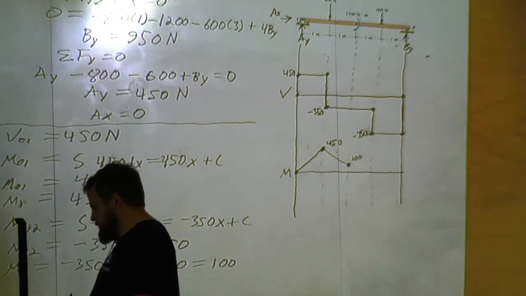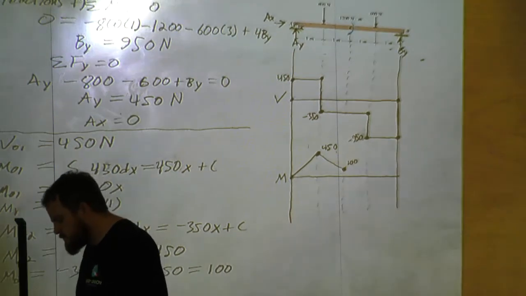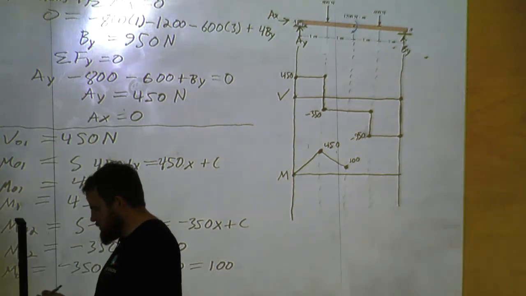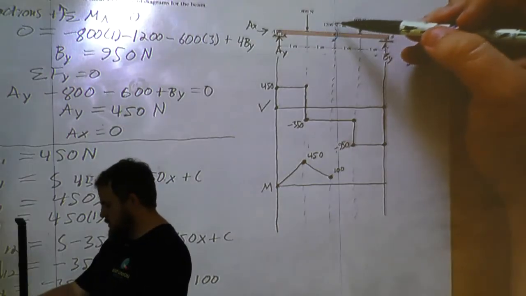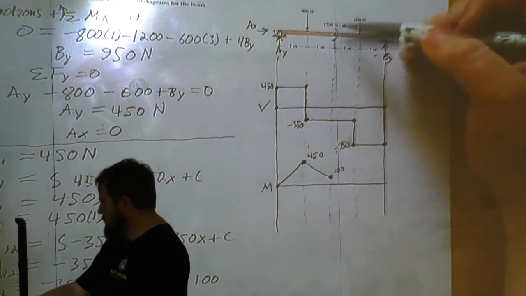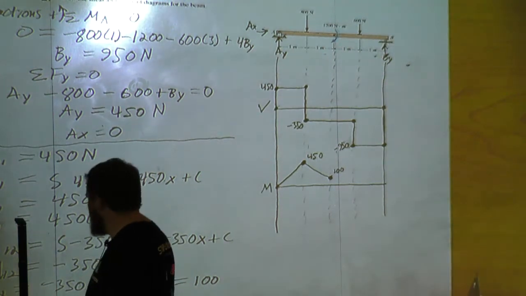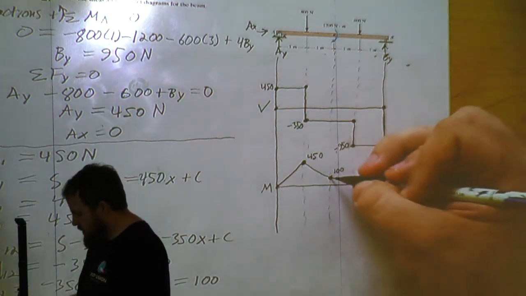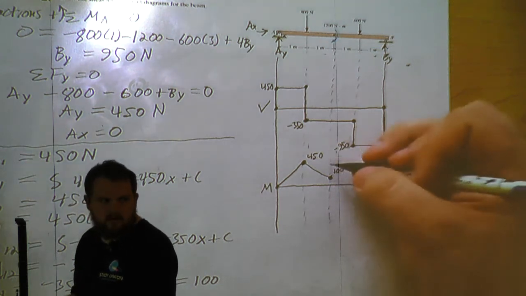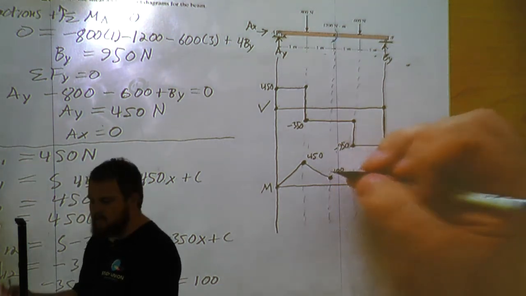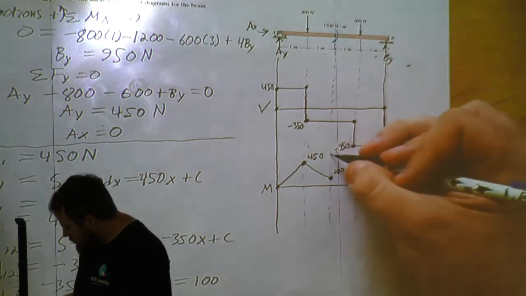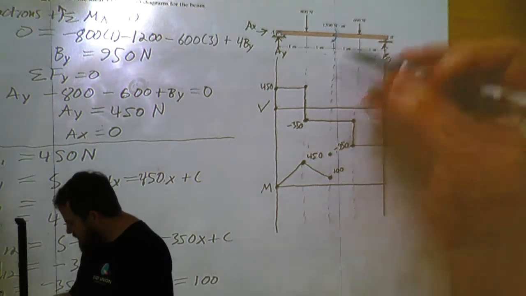Now, because we have a clockwise moment given to us in this problem, that is actually going to produce a positive thing on the moment diagram instead of a negative. So we're going to add 1200.